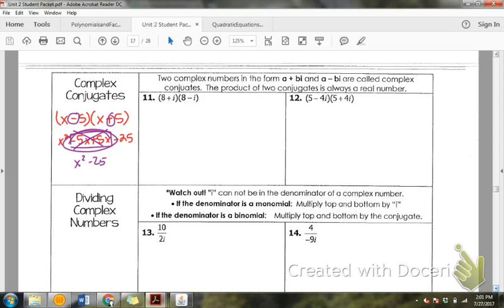Just like you did the previous ones, you're still distributing carefully.